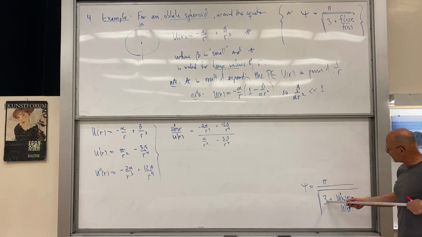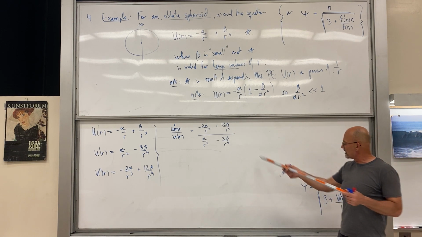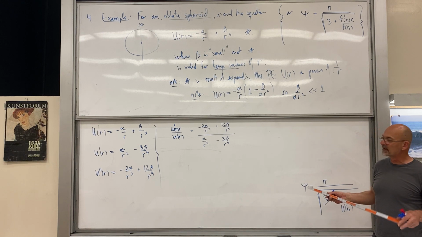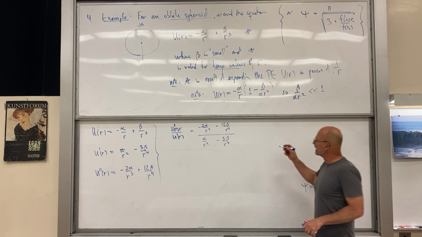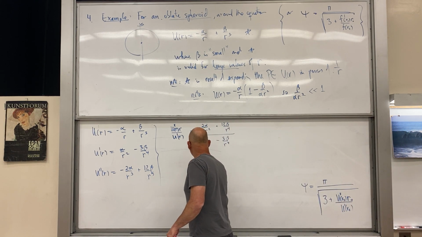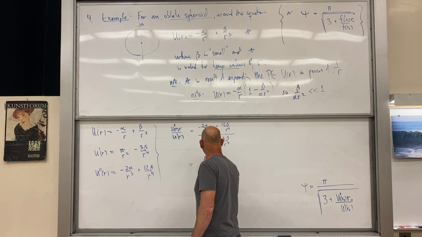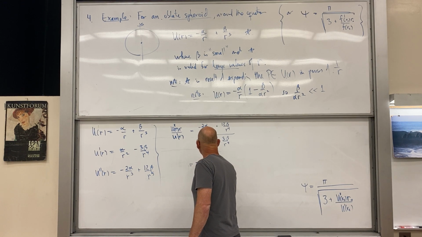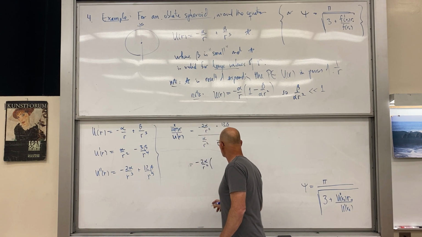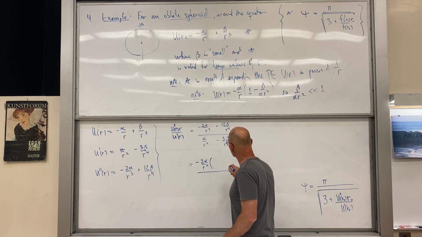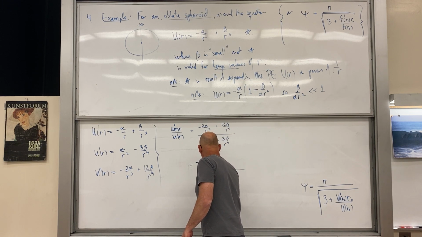You say, I want to add 3 to that and have this expression and take the square root. Okay, that would be a problem, but we can simplify. So for the numerator, let's pull out minus 2 alpha over r squared. And for the denominator, we'll pull out alpha over r squared.